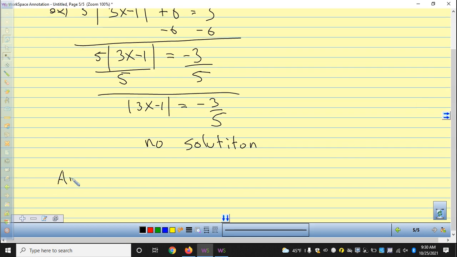Can you go back one page? Just a second. Value. And don't confuse that with the solution to our equation being always positive, but the absolute value of something is always positive.